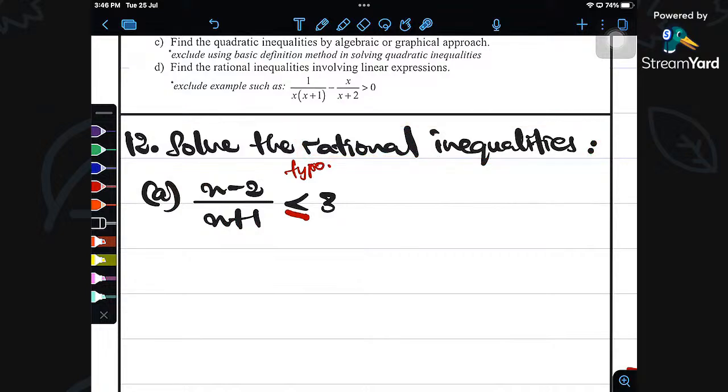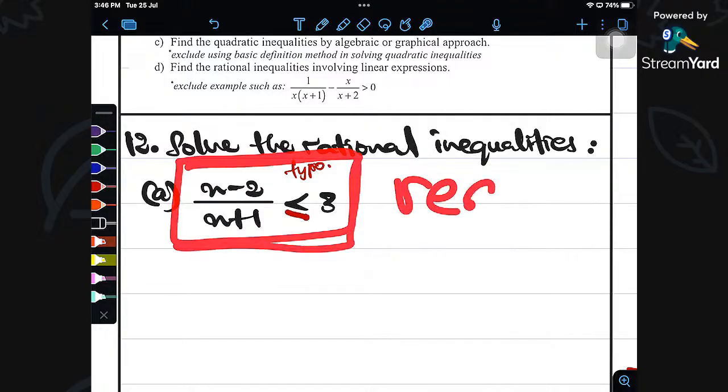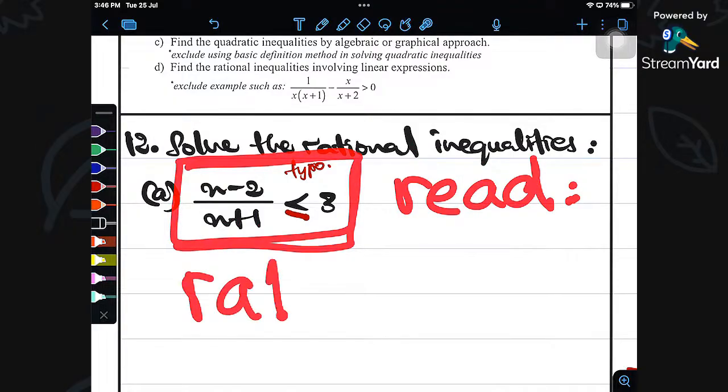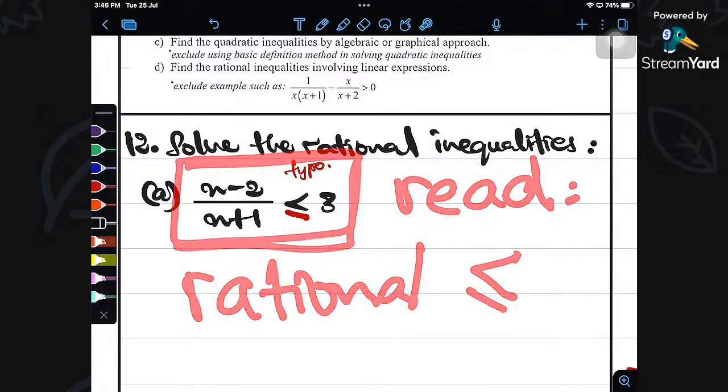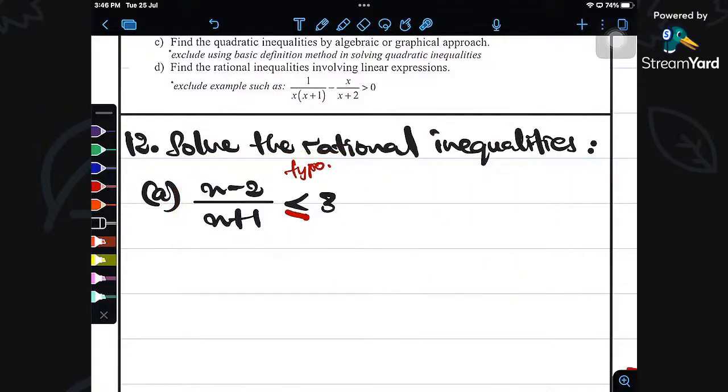Remember, sebelum menjawab, it's very good if we can read the problem very carefully. We read the problem and say that this is rational inequalities. So rational inequalities, teknik dia adalah tak boleh. Okay, make sure you remember this tip that I say to you just now.